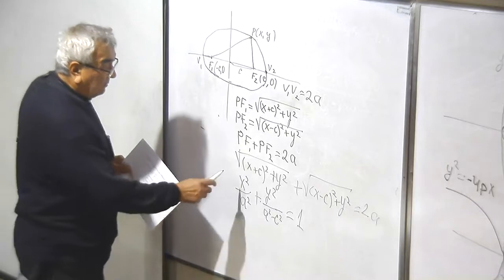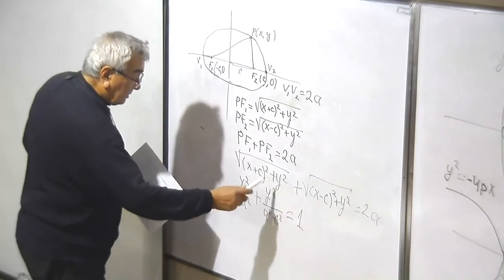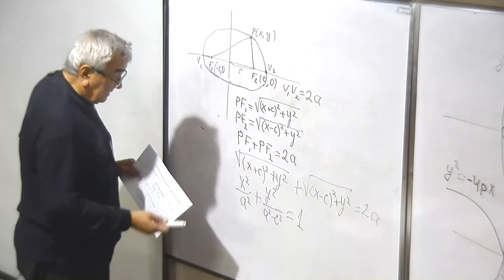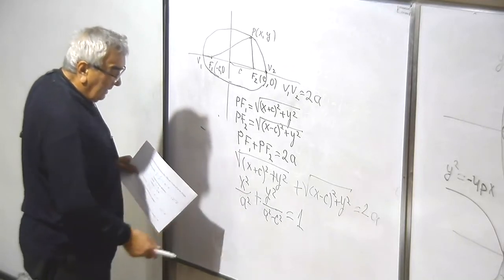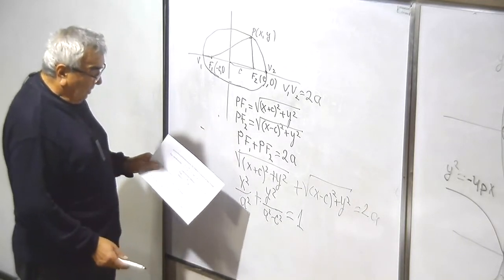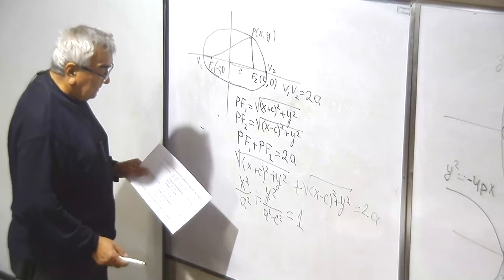Here the distance c is this. You receive from this equality, after simplifications, this equation. This is the standard equation for an ellipse.